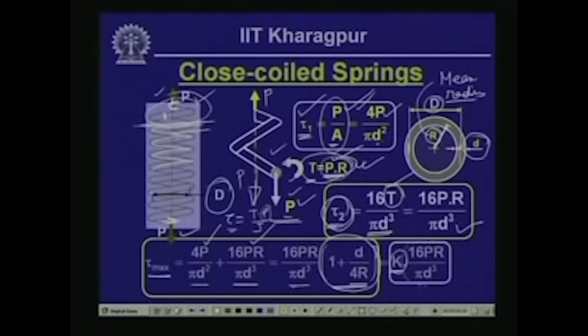Basically, 16 P R by pi d cube is the shearing stress generated because of the twisting moment of magnitude P into R, and it is multiplied by the factor K, which we call the stress concentration factor.